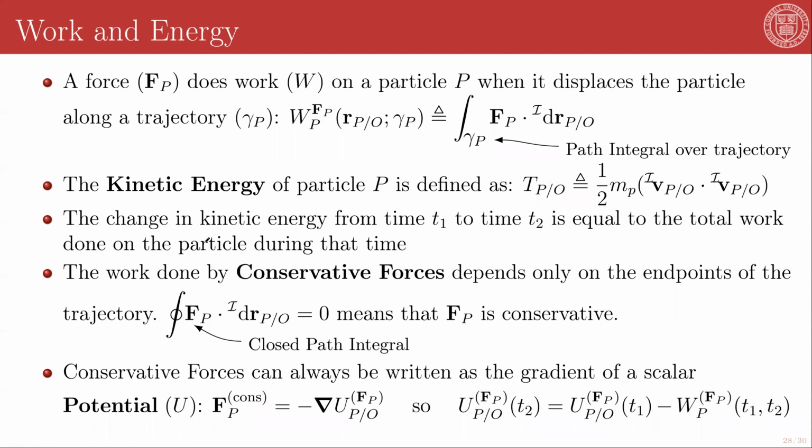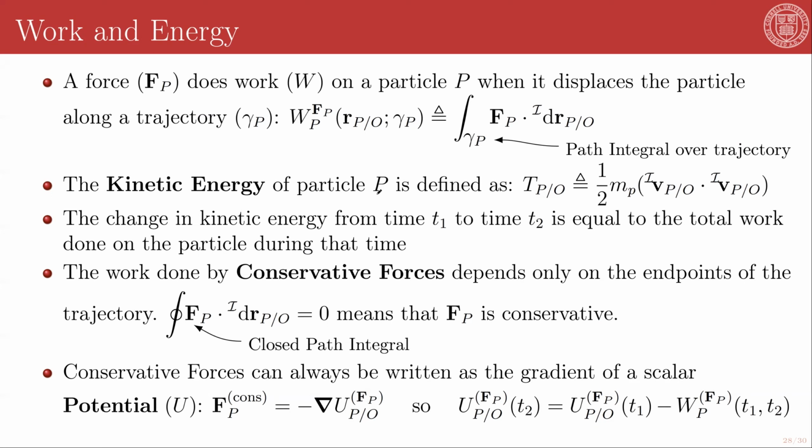As a reminder, a force, call it F sub P, does work, which we'll call W, on a particle P when it displaces the particle along the trajectory, and we'll call the trajectory gamma sub P. And so formally, the work, which is a scalar quantity, on particle P due to the force F sub P is a function of the position and the trajectory taken, and is going to be equal to the path integral over the trajectory of the force dotted into the displacement, the differential of R P rho O.